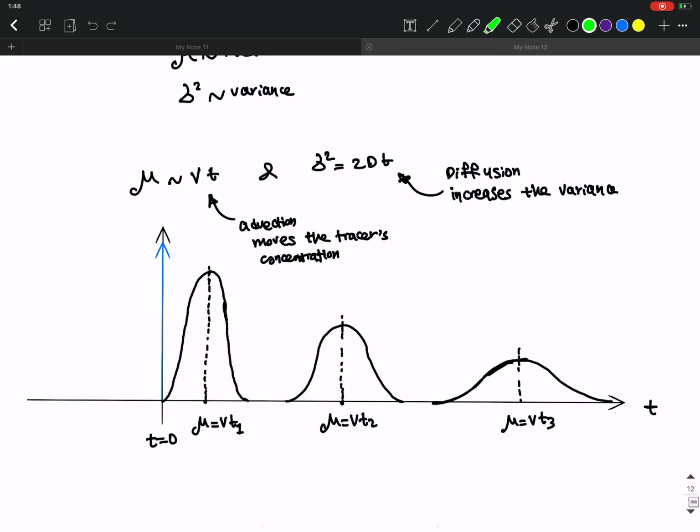And this was the physical intuition that the diffusion term in general smooths out your solution, while the advection term moves that in space. So it changes the mean of the concentration, and the diffusion just smooths out that concentration field.